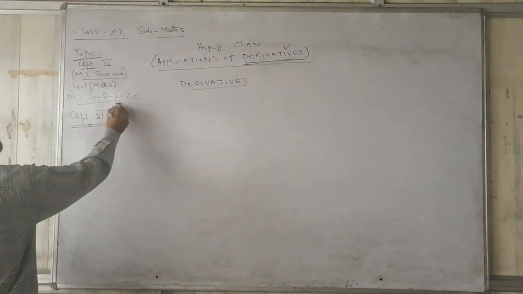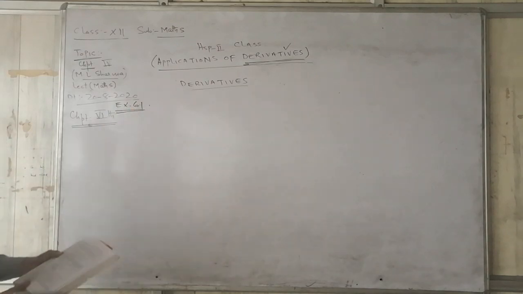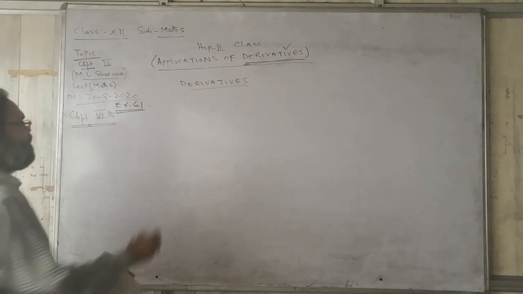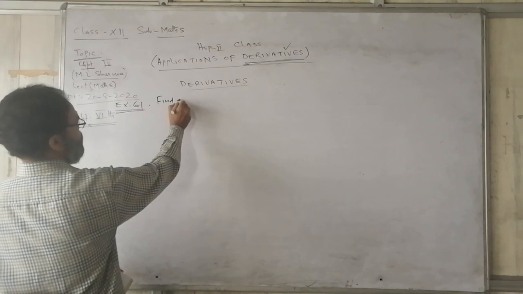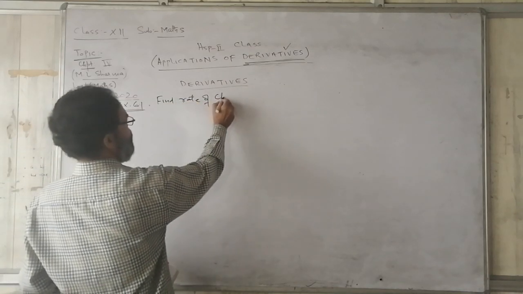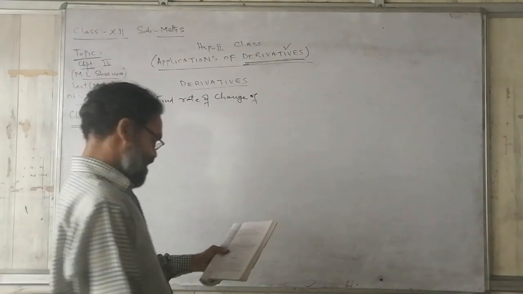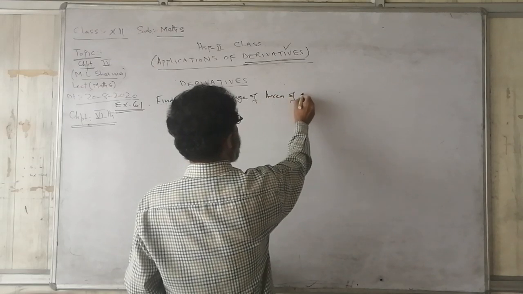Now I am taking exercise 6.1, and the question is find the rate of change of area of the circle.